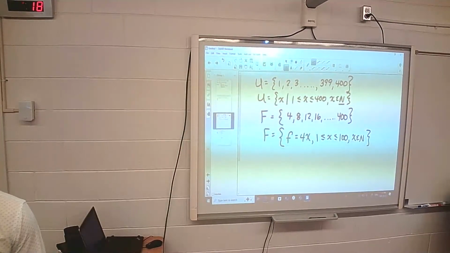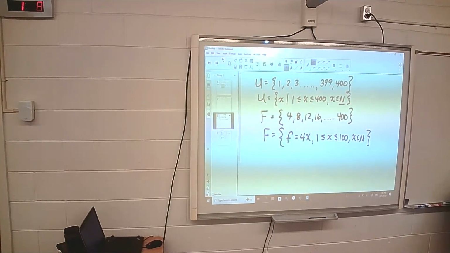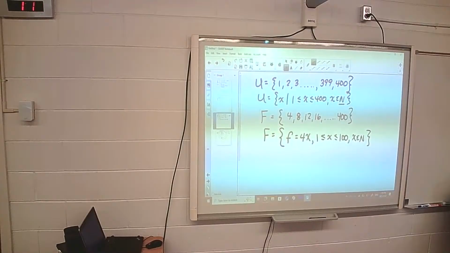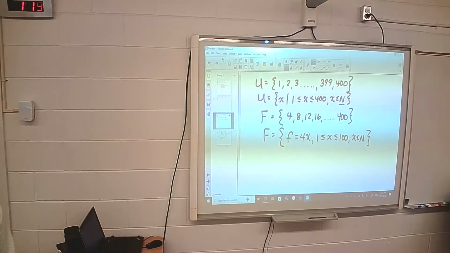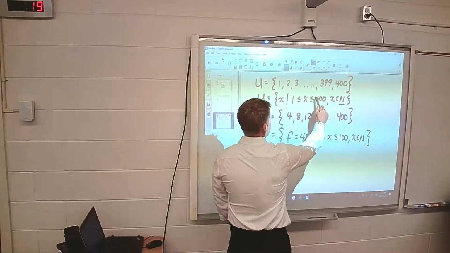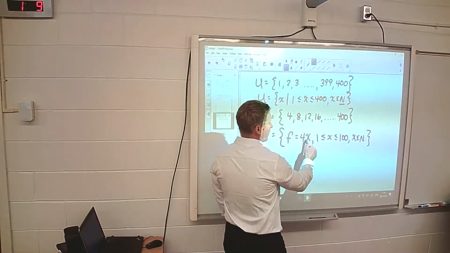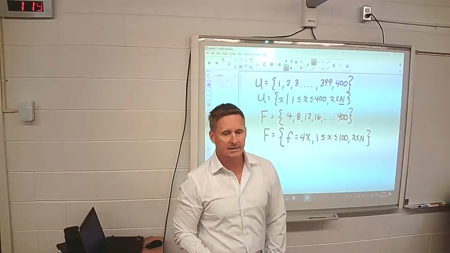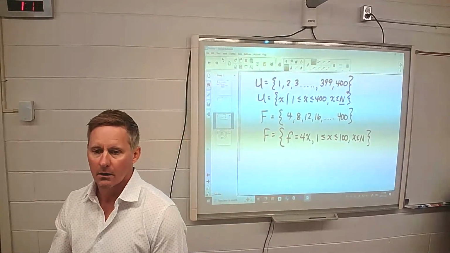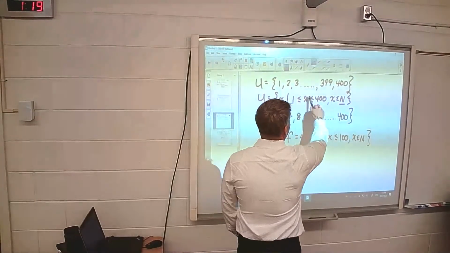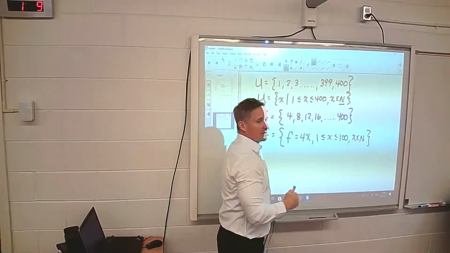To describe to somebody all the multiples of 4, I take every value in the universe and times it by 4. But I can only go up to 400. So here's all my X values. So if I go past 100, my 4 times my 101, let's say, is going to give me 404. Well, that doesn't fit into my universal part of this.